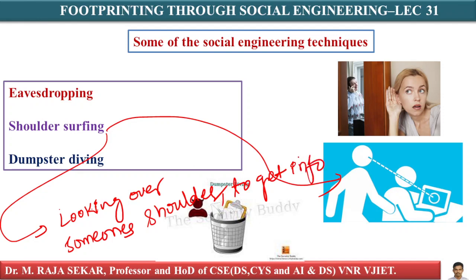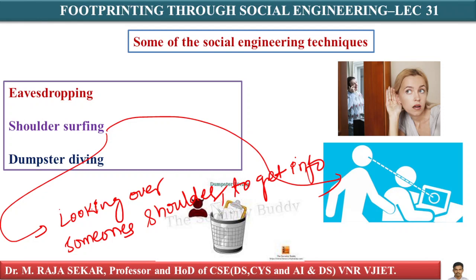Shoulder surfing is an effective way to get information in crowded places because it's relatively easy to stand next to someone and watch as they fill out a form, enter a PIN at an ATM, or pay for something using a credit card.